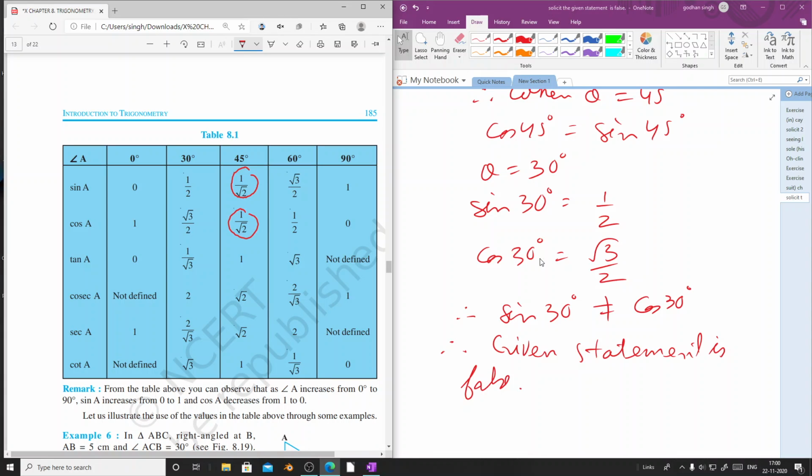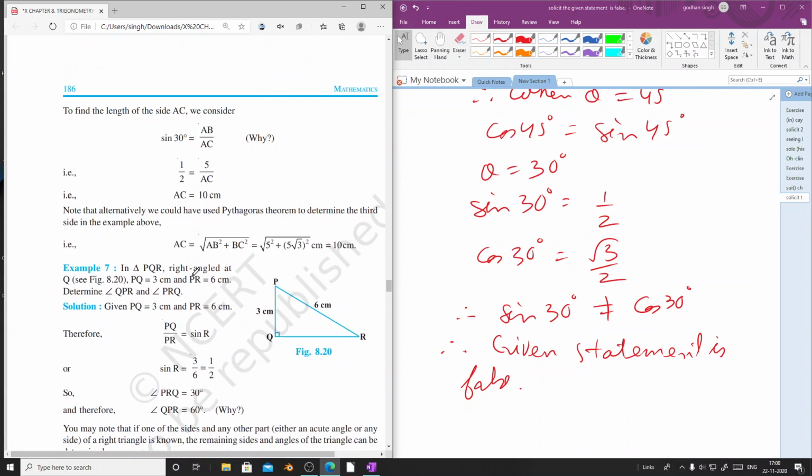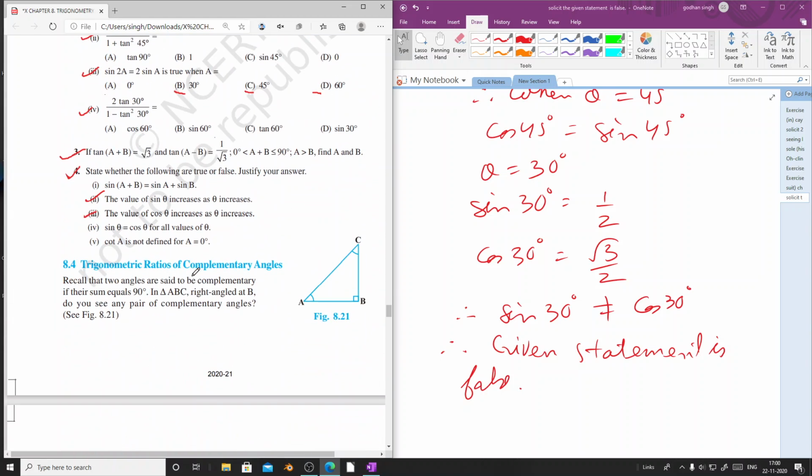But for all other values, the value of sin theta and cos theta are not the same. So the given statement is true only when theta equals 45 degree, and for all other values the statement is incorrect. So this is the answer of our question number 4, fourth part.